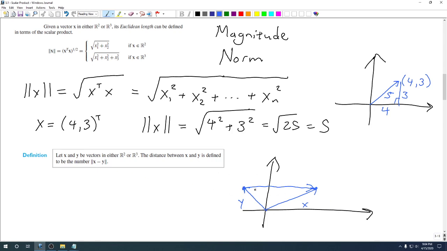So if we follow y and then x minus y, we should end up at the same place that we got to if we just followed x. So this is x minus y up here. And all we're saying is that the distance between those 2 points is the length of that vector. And so that's what our definition over here is. And again, this is something that works in any Rn, but all the intuition about it just comes from R2 and R3. That's why they do it that way.